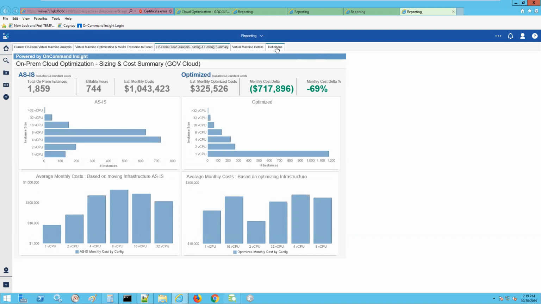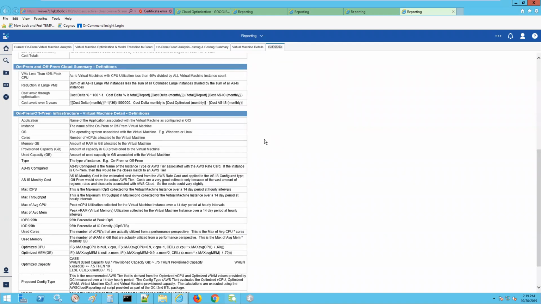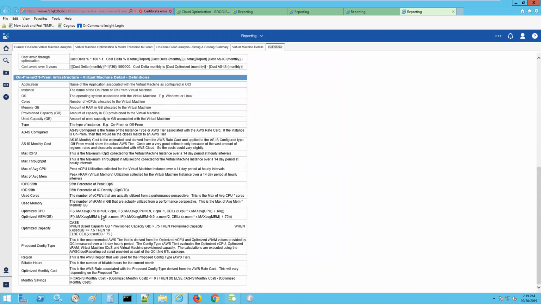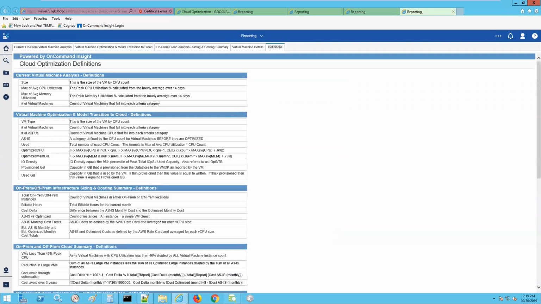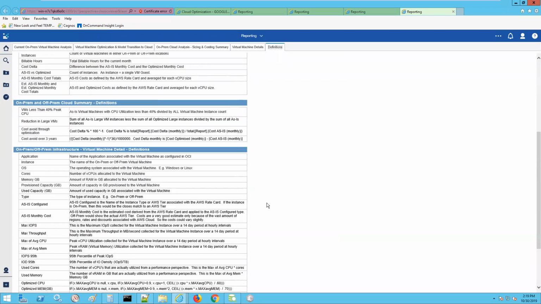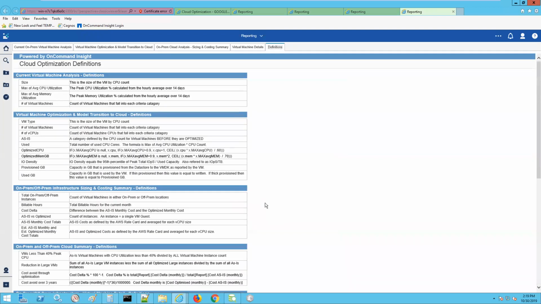Under definitions, I've laid out the algorithm. It's basically the same algorithm to optimize. The only difference is the rate cards and how instances are distributed once you run it through that algorithm.